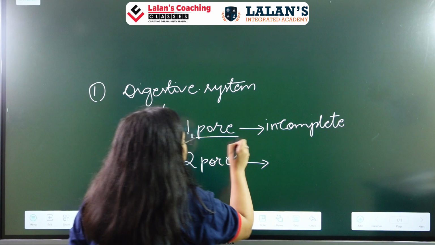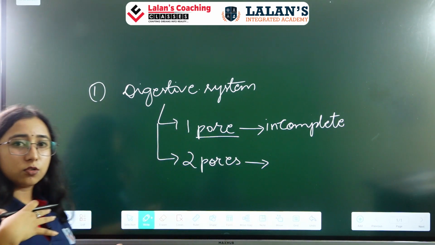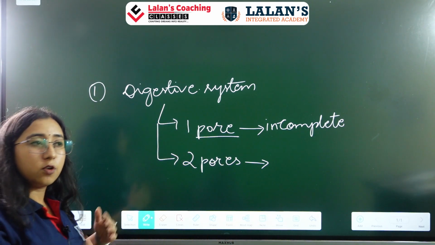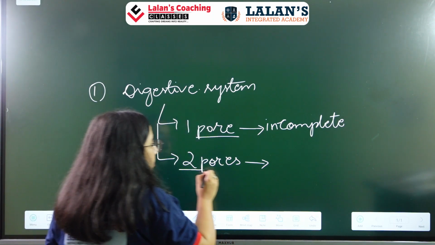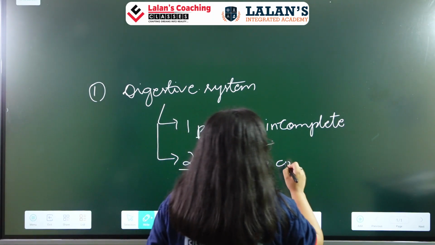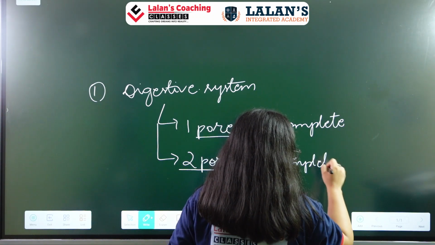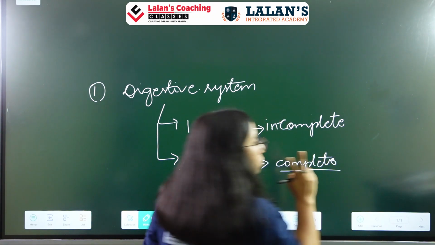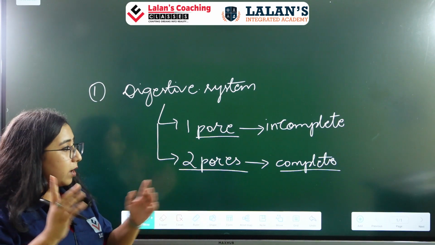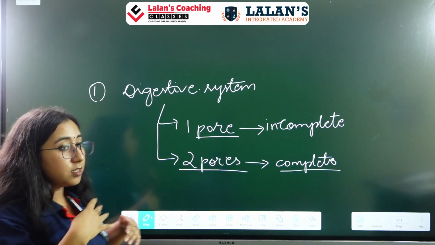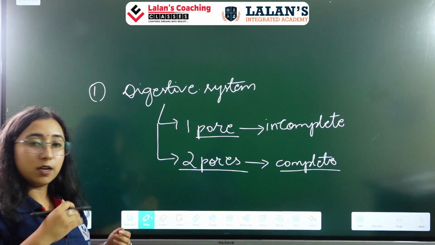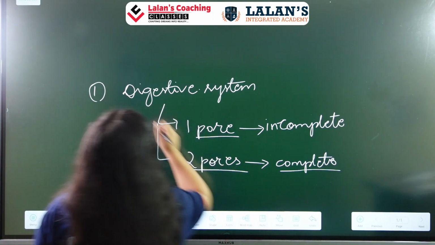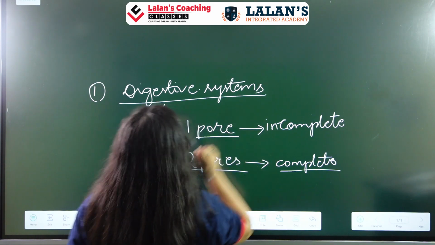Now one pore is responsible for taking in food also. It is responsible for expulsion of excreted materials also. In another type, there is the complete digestive system, where there are two separate pores, one for taking in food materials and another excretory pore through which excreted materials are taken out. This is the types of digestive systems.